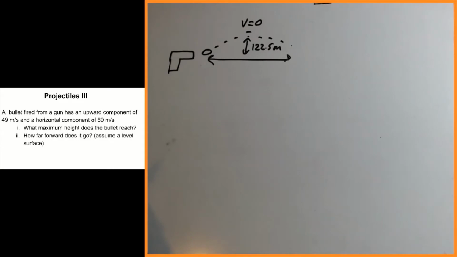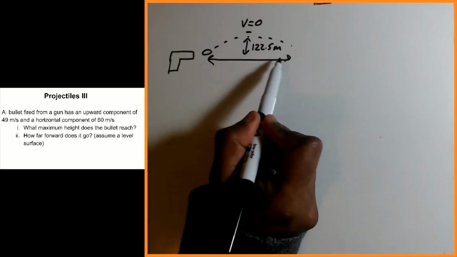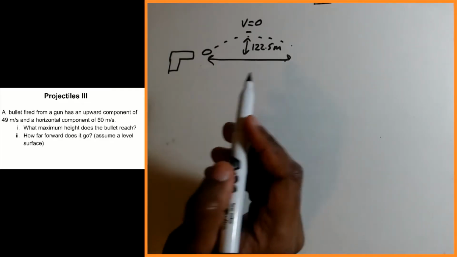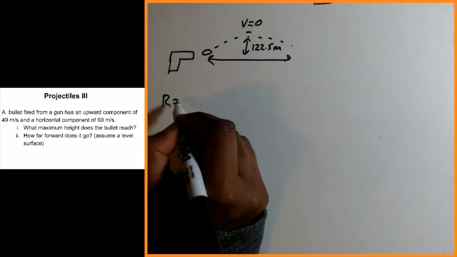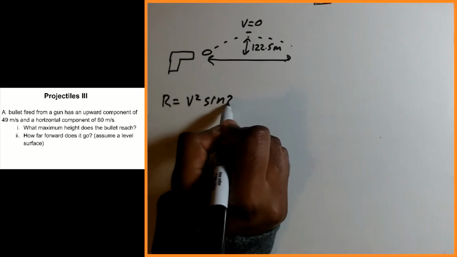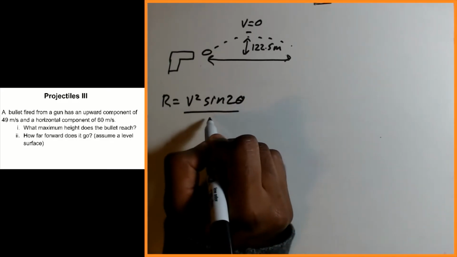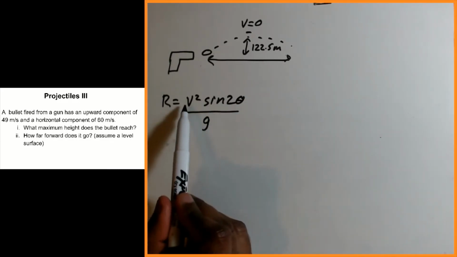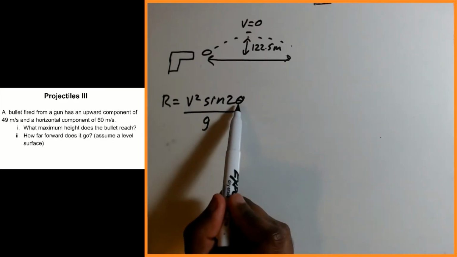So the next question is asking how far forward does it go, and to assume that it's at a level surface. So what we want to do is find this range over here. We can just use the range formula for this. R is equal to v squared sine 2 theta all over g. Note that there's two things that we don't know: the total velocity and theta.